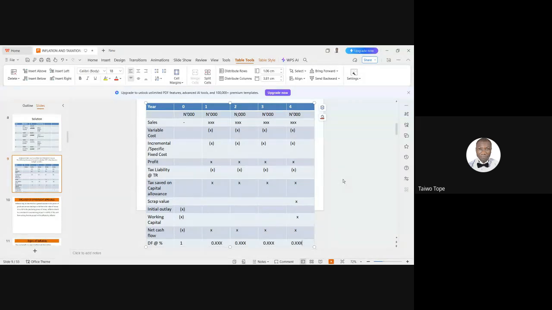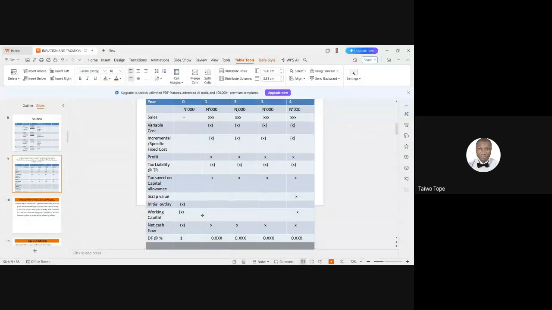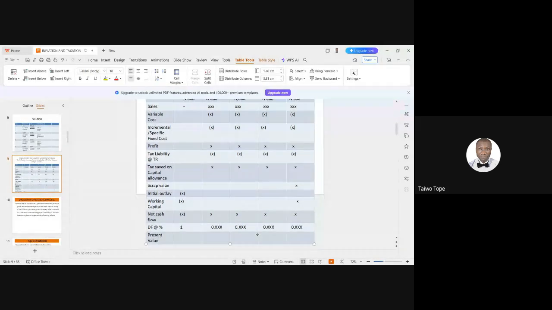Now, when you multiply your discount factor by the net cash flow, what will you have? You have your present value.